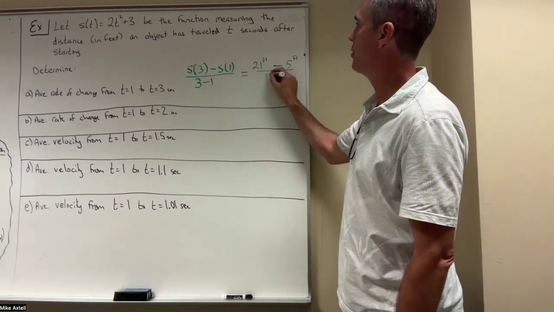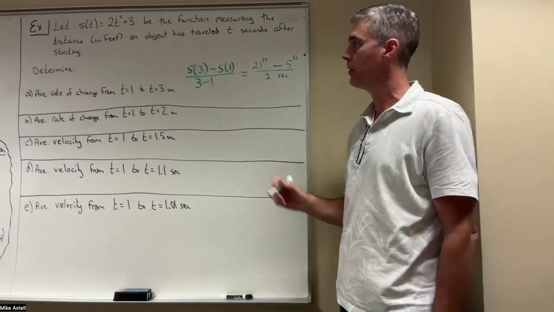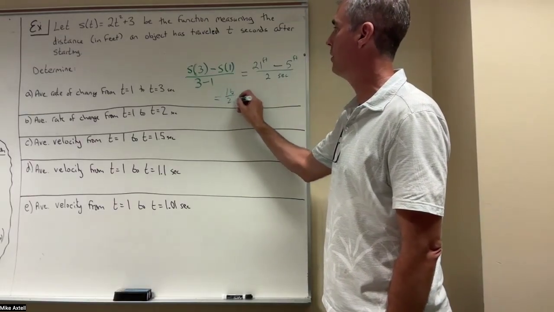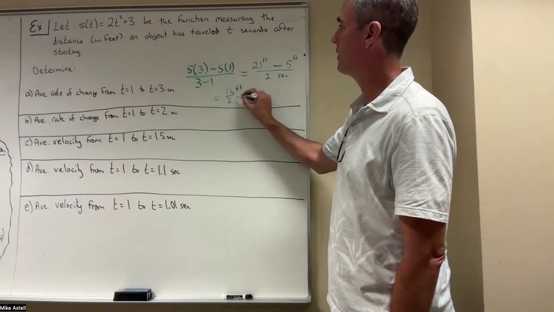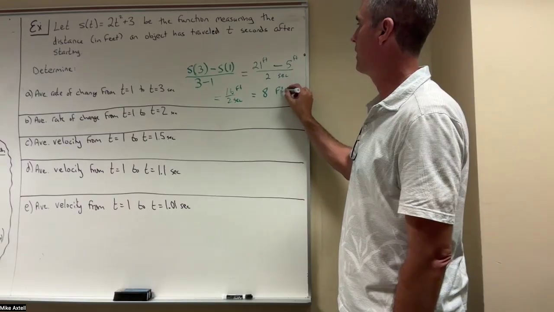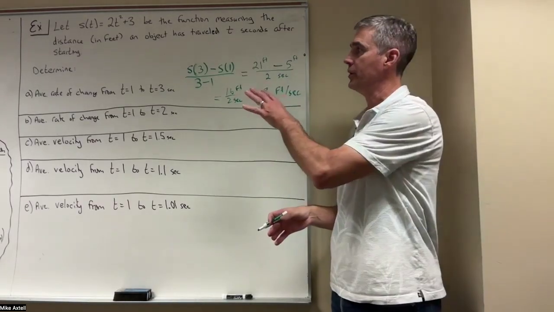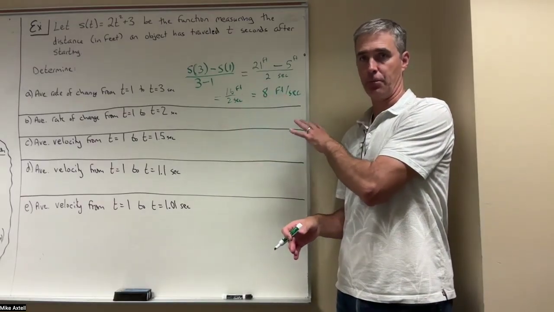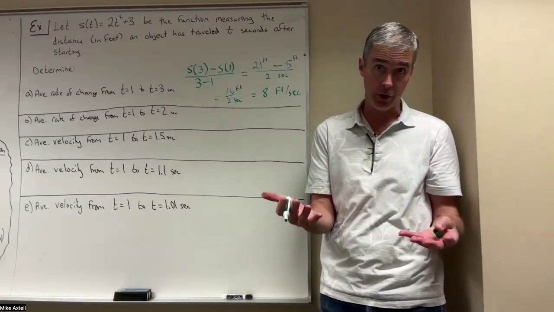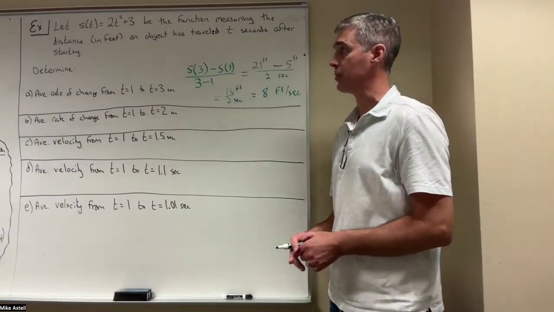And 3 minus 1 is 2, and time was being measured in seconds. So I think I get 16 over 2 feet per second, which is the same as 8 feet per second. So the average rate of change between time 1 and time 3 is 8 feet per second. So over this 2-second long period of time, on average, the object was traveling 8 feet per second.